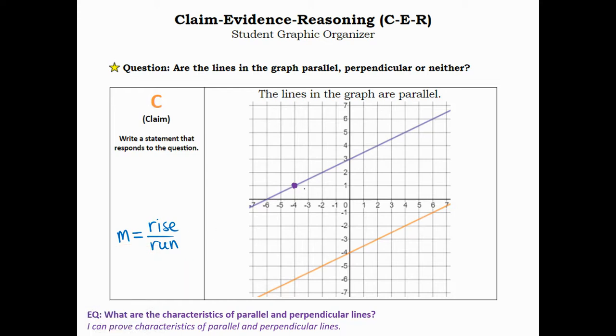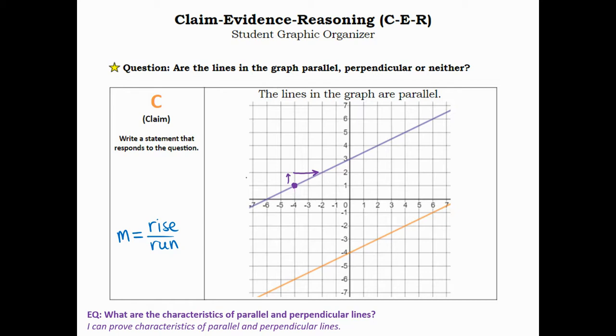All right, so on my purple line, I'm going to count till I get to the next place where my line crosses a perfect corner like that. So typically I go left to right. So going from the point I'm at, I'm going to move to the right side. So to do that, I have to go up one, and then I have to go over two. Now, you could have also done over two and up one. It doesn't matter which direction you go first, whether you go up or down, or left or right.